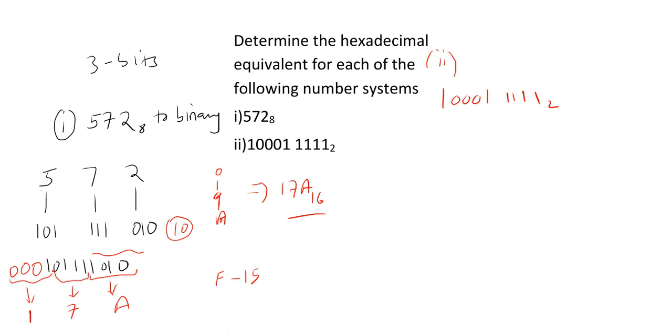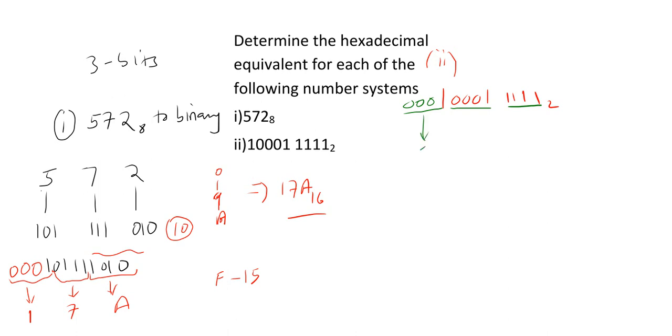The first group, we have this group, then we have this group, and the third group, we have only one. Then we add zeros to the left to make it 4 bits. So for every group you write the equivalent hexadecimal number.